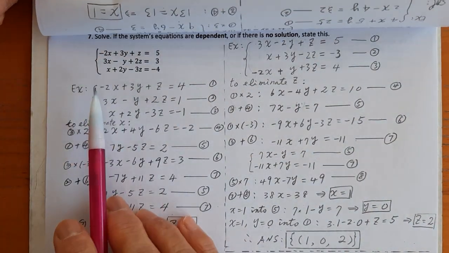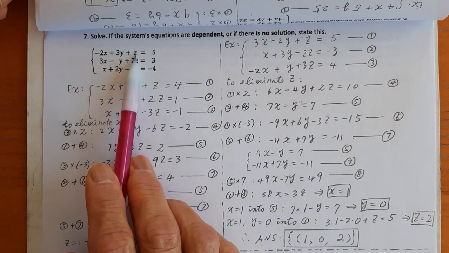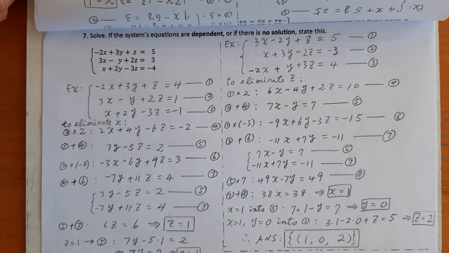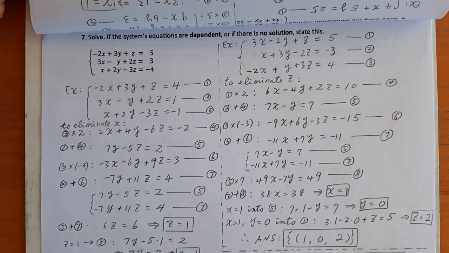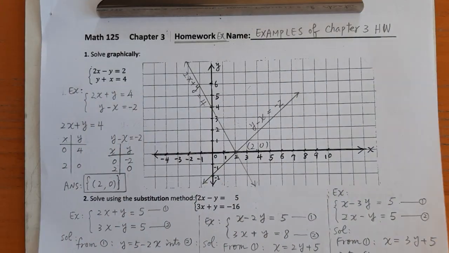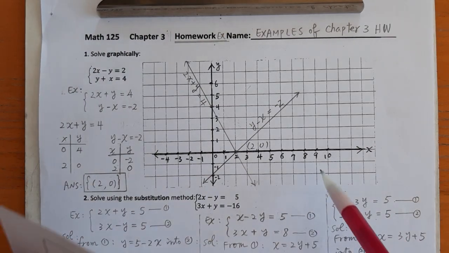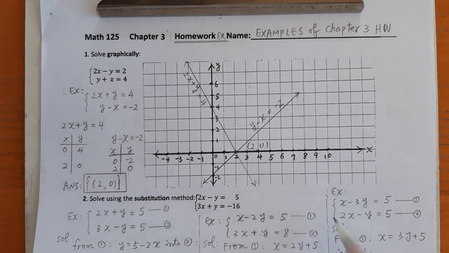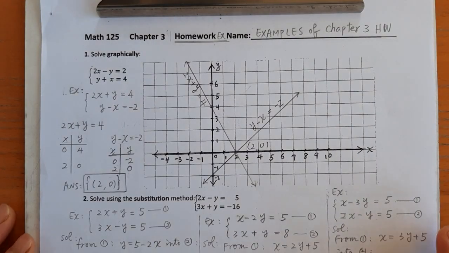Like this one, with three variables x, y, z and three equations forming a system, that is a linear system. We are going to learn how to find the solution of the linear system.